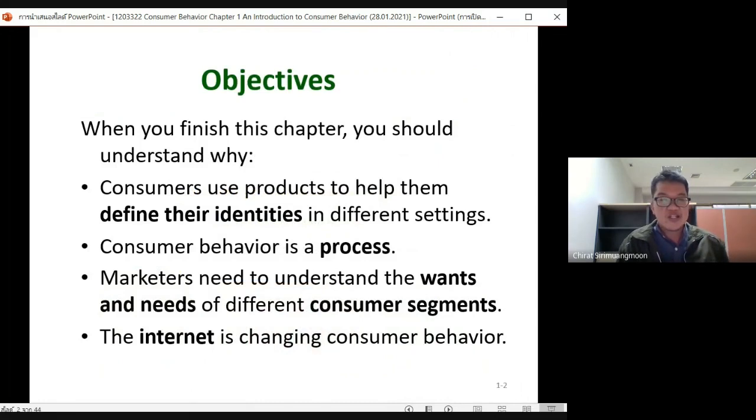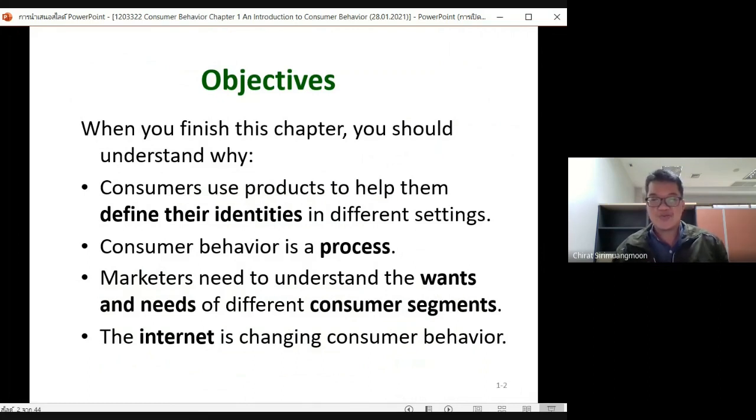Then, what I'm going to teach you in this chapter is, first, consumers use a product to present themselves. Like here, I'm wearing a US Marine sweater because I like it. Every time I wear this sweater, I feel proud and glad.